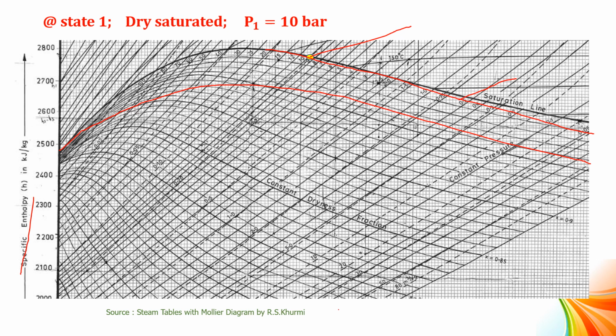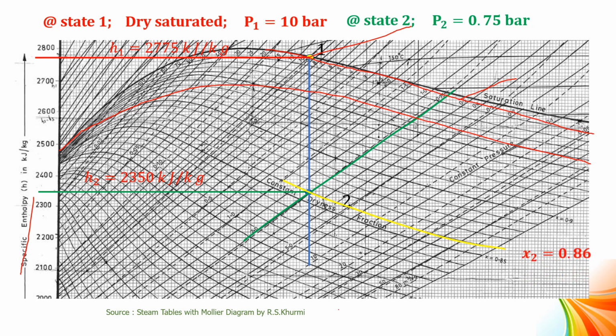At this point, draw the horizontal line that will give the enthalpy. Draw the vertical line that will give the entropy. So like this we can find H1 and H2, and we find the dryness fraction is 0.86. Since the expansion in the nozzle is always isentropic, that is entropy is constant, entropy at 1 is equal to entropy at 2, so S1 equals S2.